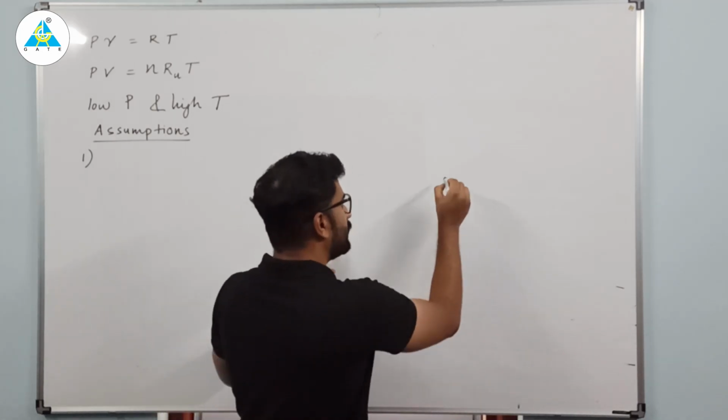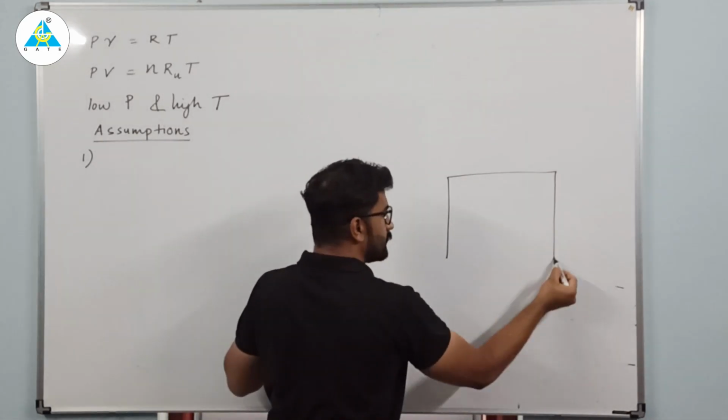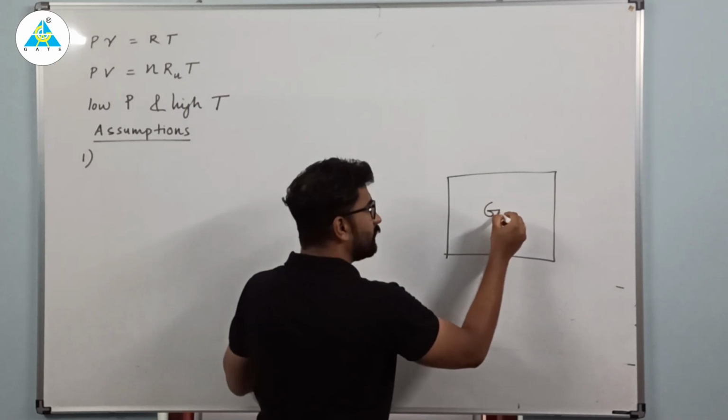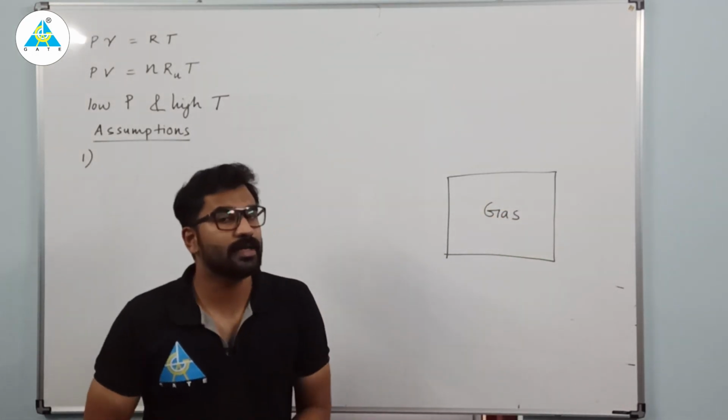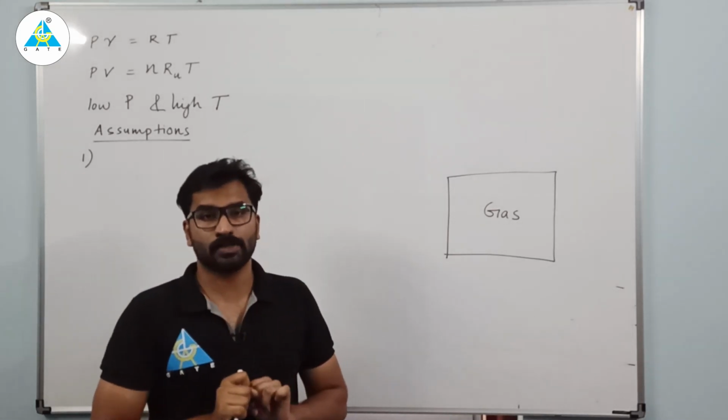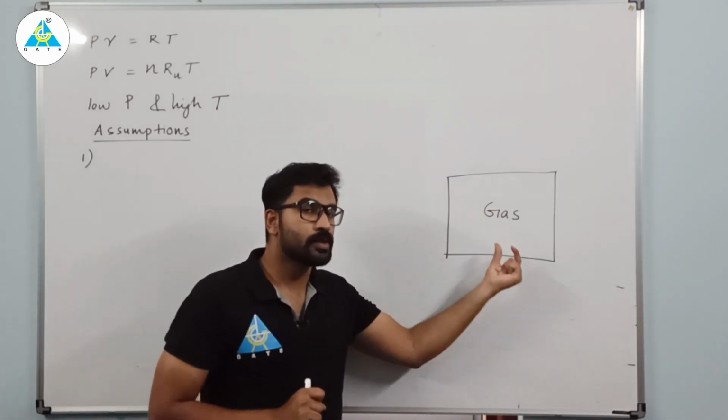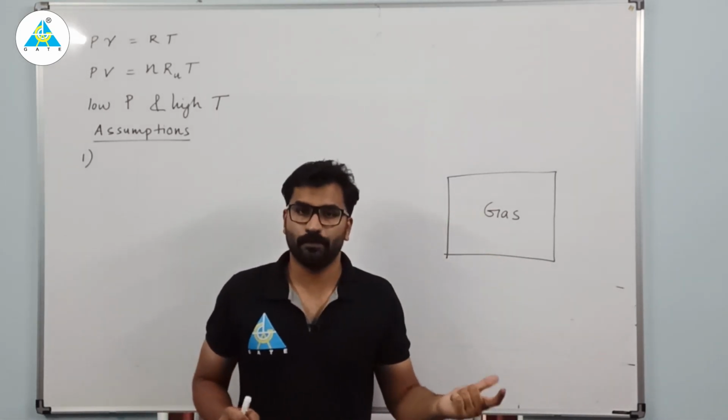For example, आप यहाँ पे देख सकते हैं, this is a container. In this container we have a gas. So our assumption is based on the microscopic behavior of the gas molecule. ठीक है?